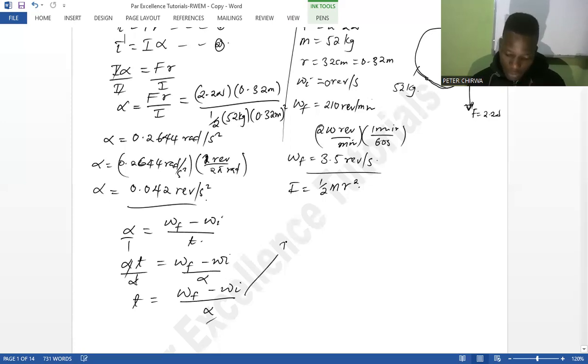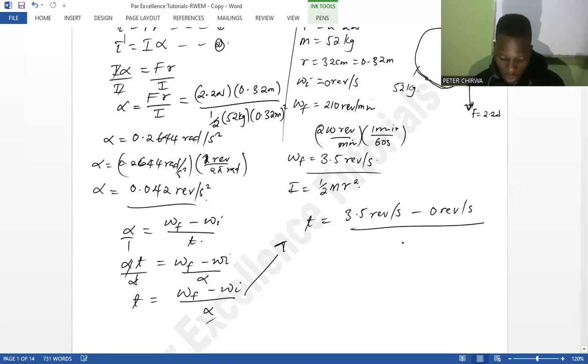All right, so I'll come here, and the time is going to be final angular velocity. What is it? Oh, we have already converted. So we have 3.5 rev per second minus, it is coming from rest, so 0 rev per second, over 0.042 rev per square second.